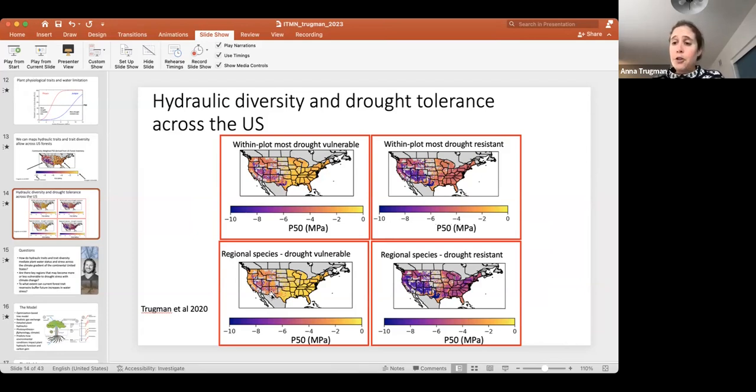And then for the trait velocities, what we did was we looked at the community weighted mean P50 value and how it changed between the earliest forest inventory measurement and the most recent forest inventory measurement. That gives you megapascal changes per year.